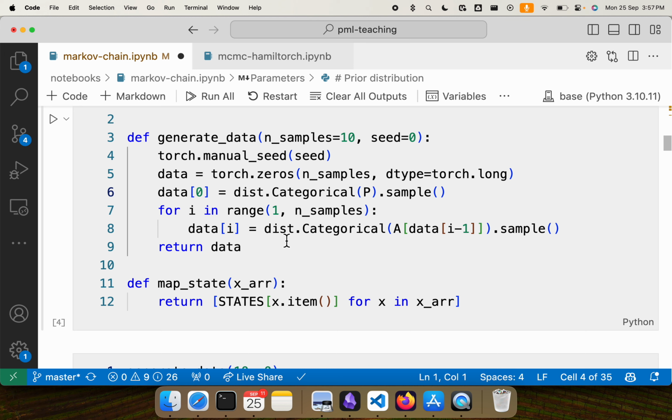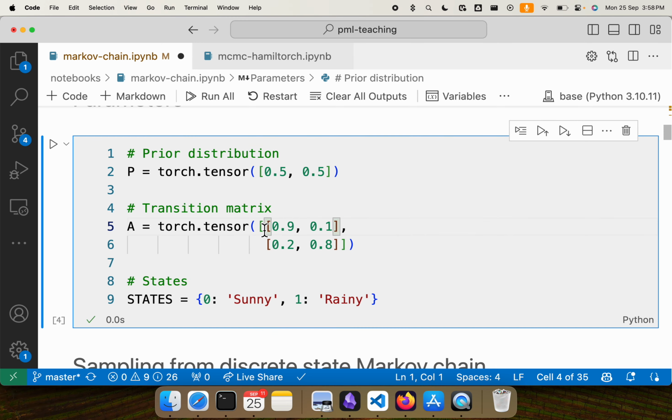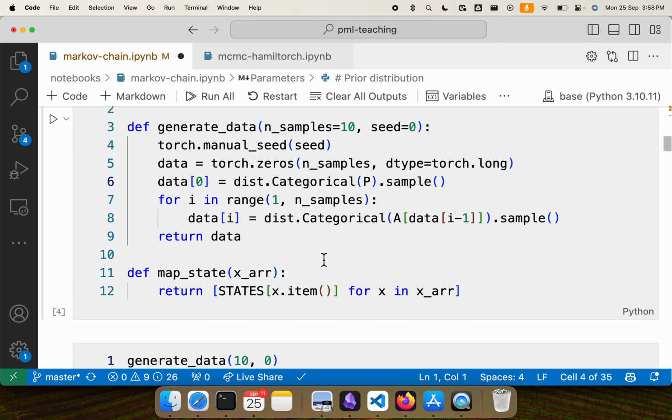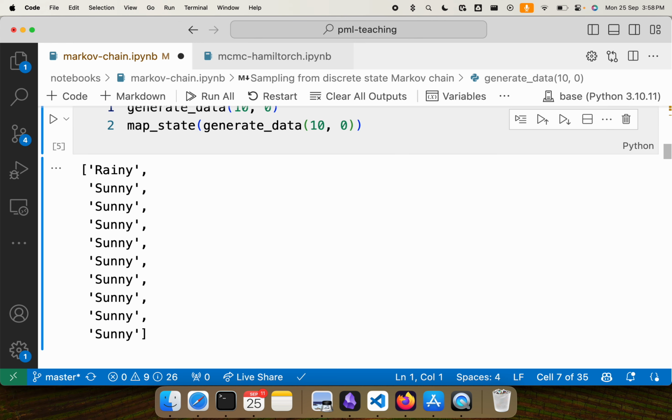So data of i is a categorical distribution with A of data of i minus 1. A of data of i minus 1 is just giving you a lookup into this transition matrix, the adjacency matrix, and then it's again a categorical distribution. I can draw from it, and then I'm just writing a mapping between the states.